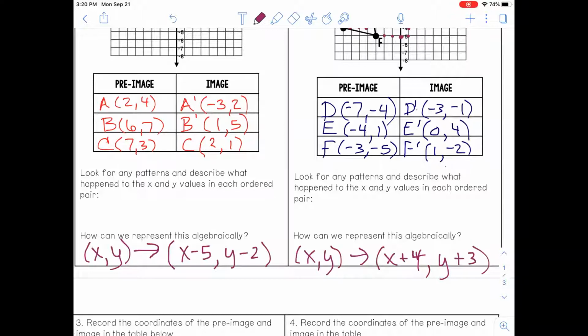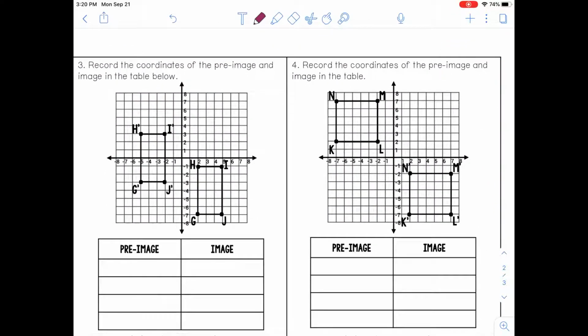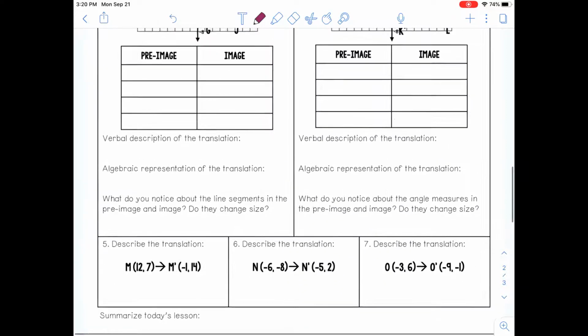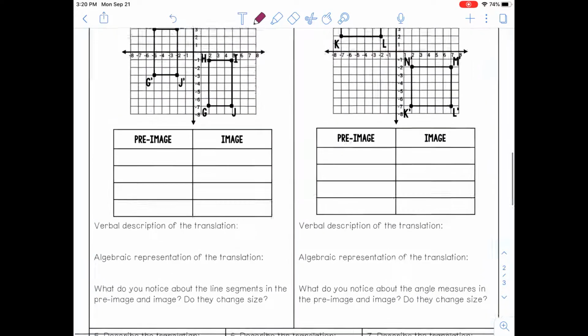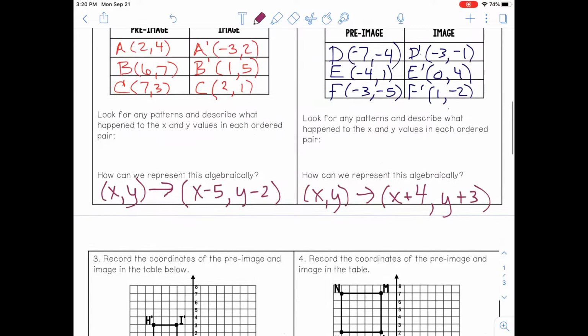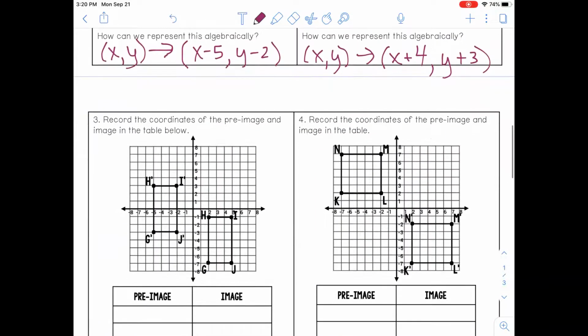Okay, let me make that 4 a little better. 4, there we go. Okay, so these are the same, 3 and 4 are the same as what we just did up there. It asks, do they change size between the image and pre-image? And if we look back at the ones that we did, no, they don't change size. They stay the same.